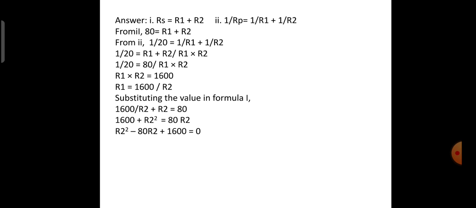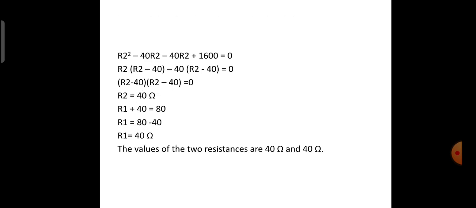Again we have rearranged. Now if you further rearrange, you find that R2 square minus 40 R2 minus 40 R2 plus 1600 is equal to 0. So now you can take these two in the bracket. Since it is a square, you must have learned in quadratic equations, R2 minus 40 multiplied by R2 minus 40 is equal to 0, and hence R2 is equal to 40 ohm.